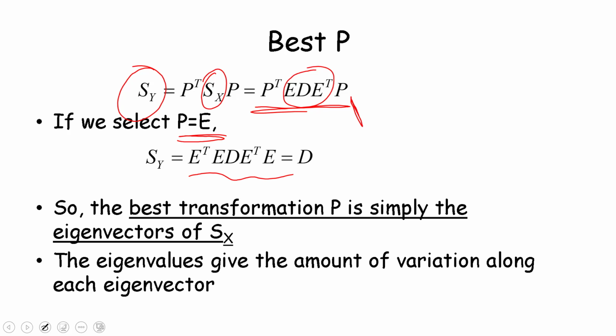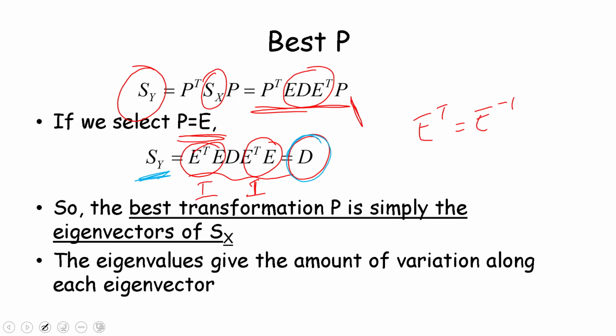E is an orthogonal matrix, so E transpose is equal to the inverse of E. And when we multiply E transpose with E, we get the identity matrix. The identity matrix acts like a 1 in matrix multiplication, so we can drop it out and we end up with just D. Remember that D is a diagonal matrix, so we have accomplished our task of making S of Y a diagonal matrix.